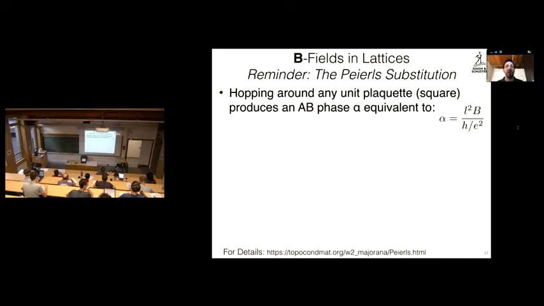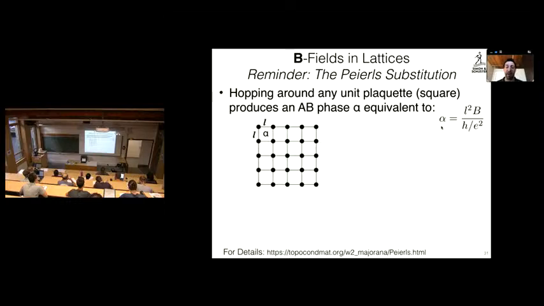Reminder, when we put a particle in a lattice and apply a magnetic field to it, the figure of merit for what the magnetic field does is essentially the amount of magnetic flux that goes through each square, each plaquette of the lattice, compared to the flux quantum, which is h over e squared. Okay, and so that's some fraction of 2 pi.